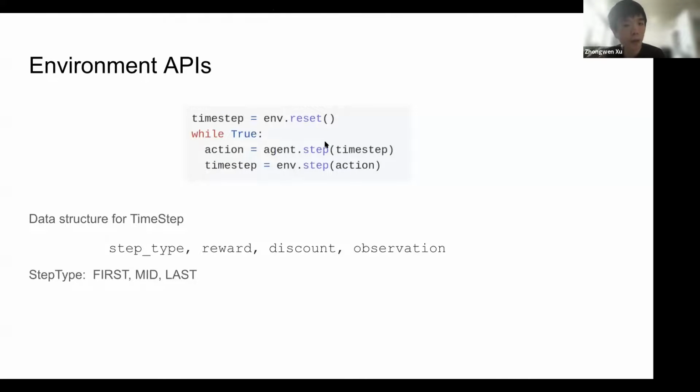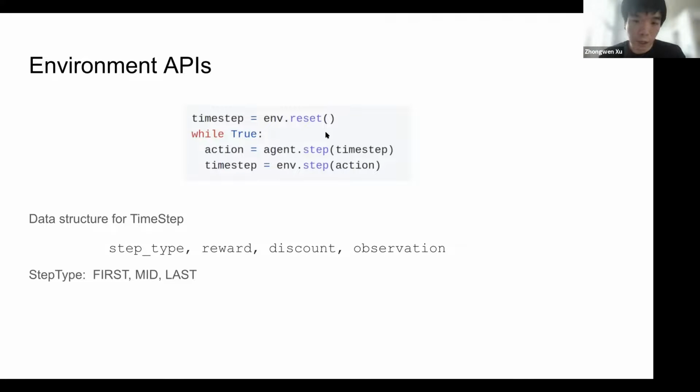It comes at a very abstract level. It has only two key functions. One is reset, the other is step. Reset just starts the game or the environment from the very starting point, and then the environment can give a timestep.